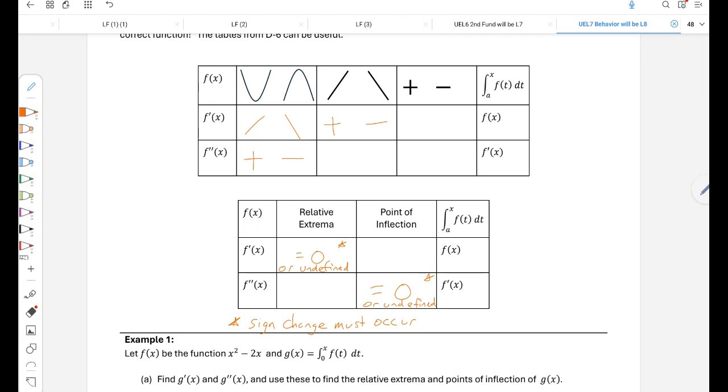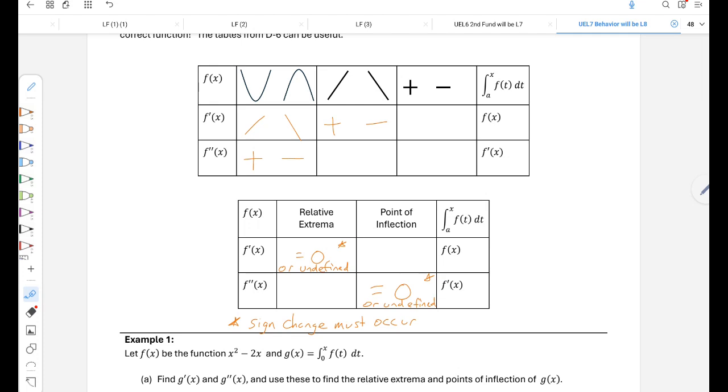We call that a critical value. It's a critical value no matter what, but if the sign change doesn't happen, you don't have a relative extrema. When we're talking about points of inflection, we've got to have that sign change. We don't have a special word there. We just say possible point of inflection if we know that it's 0 or undefined, but we have to verify it.